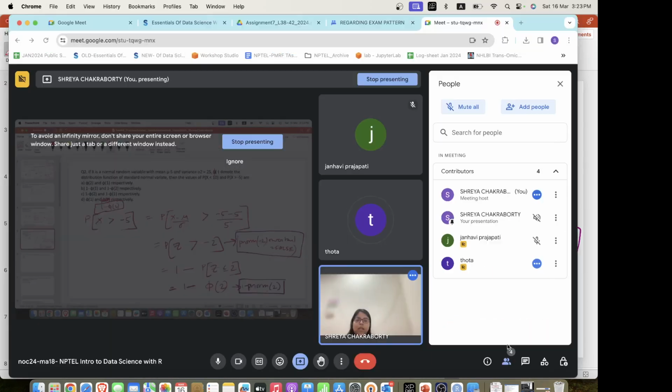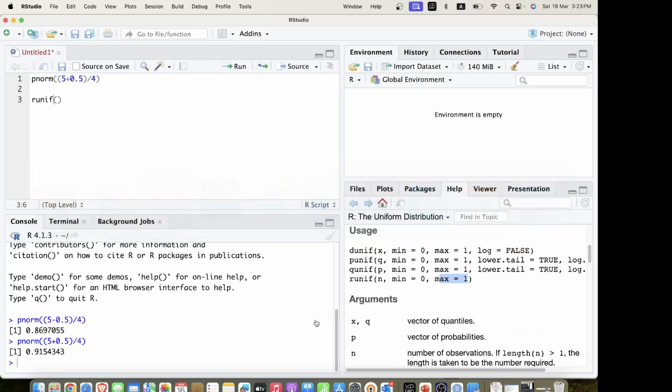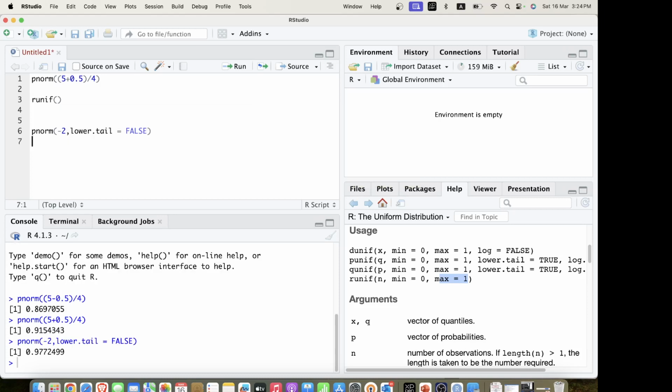Essentially it's the same thing. If you just go to your R console and write pnorm minus 2, lower.tail equals FALSE, you get 0.9772. And if you don't give that lower.tail, then you have to write 1 minus pnorm minus 2.